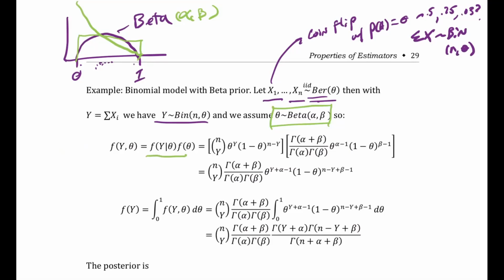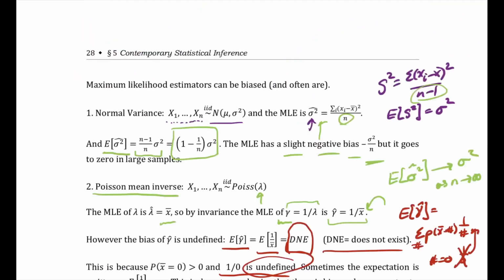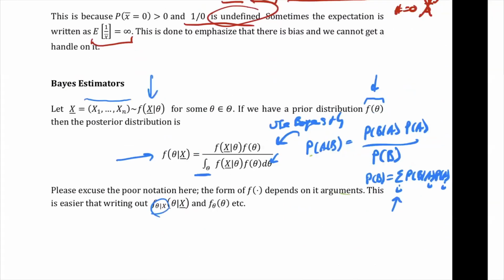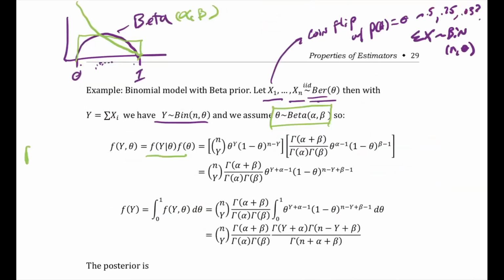The probability of A given B is the probability of B and A all over the probability of B. And this I can write as B given A times the probability of A, all over the probability of B. So I'm going to do the same thing here.